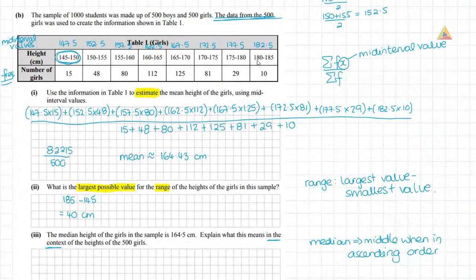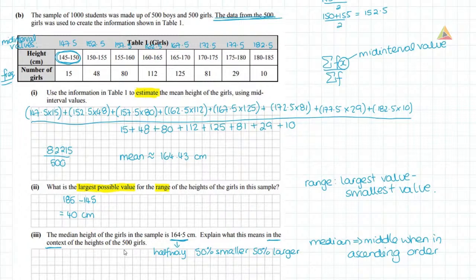So these are in order from smallest to biggest, so we can see that they're going up, and they're telling us that the median is 164.5. Now, that means that this is halfway, which means that 50% of the students are going to have a height that is smaller than that. So 50% smaller and 50% greater.